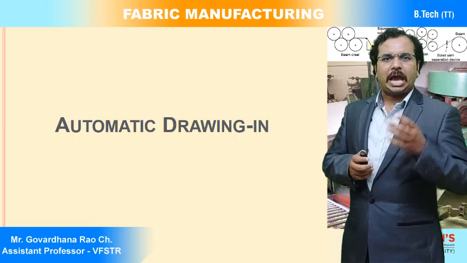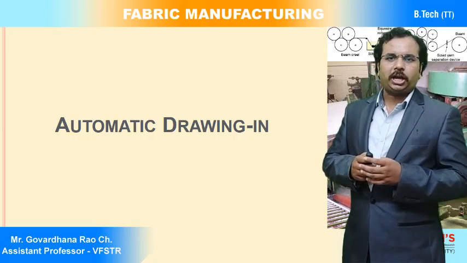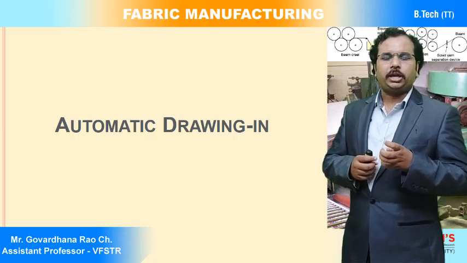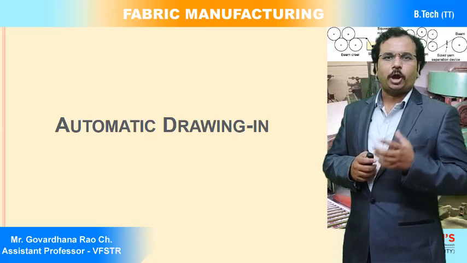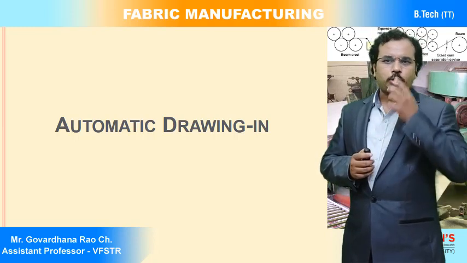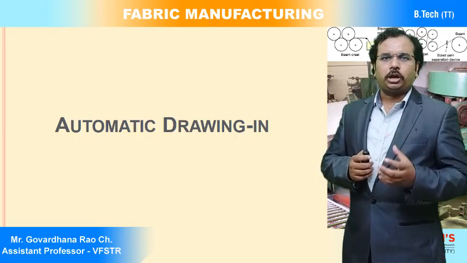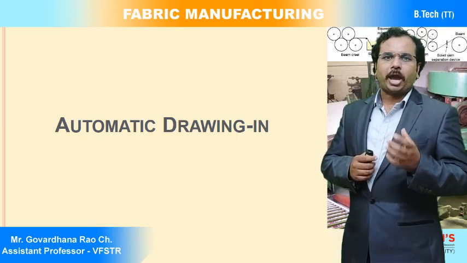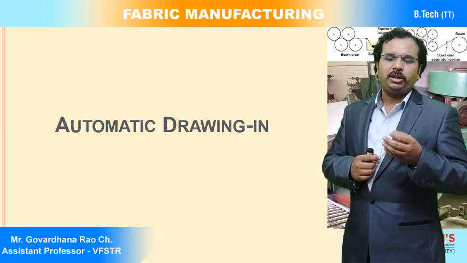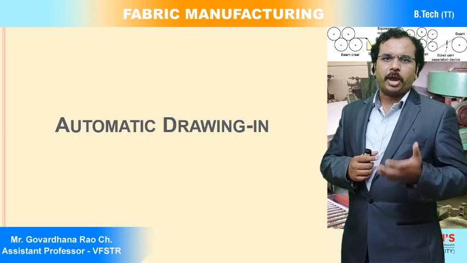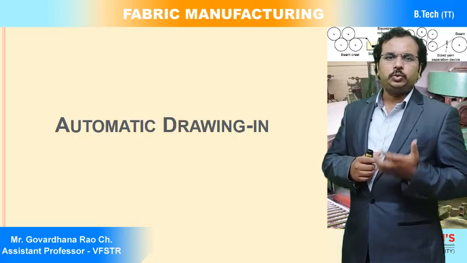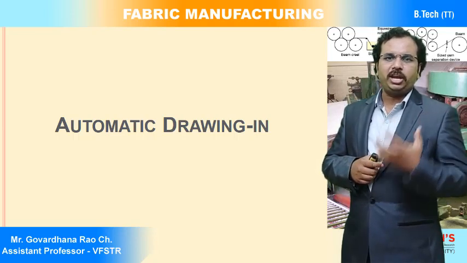That is, we have a sophisticated machinery, the automatic drawing in machine. Automatic means, you can understand, without manpower, with just one man we can do the drawing in within very less time.